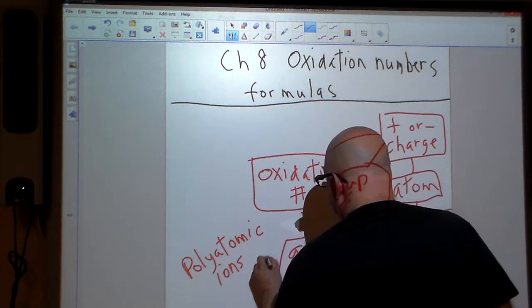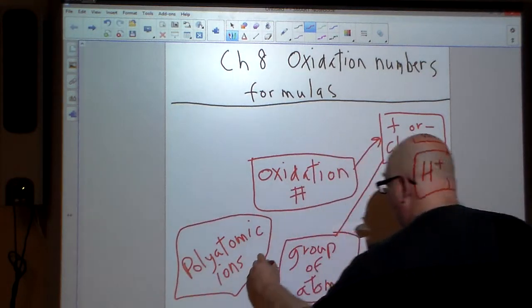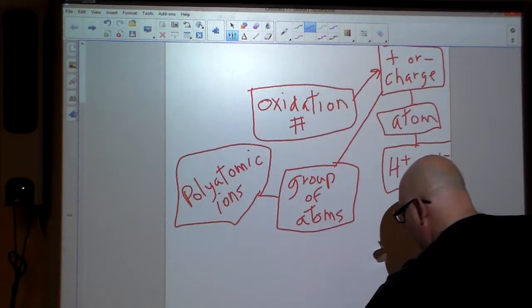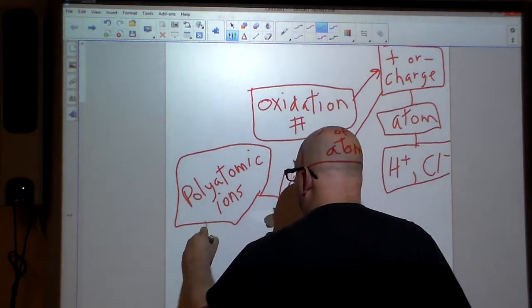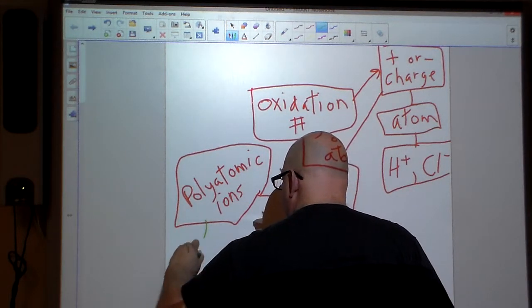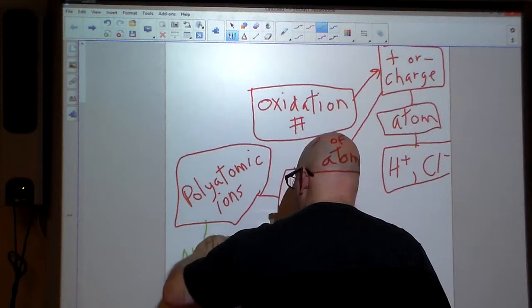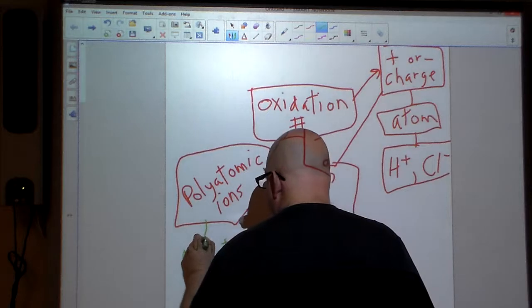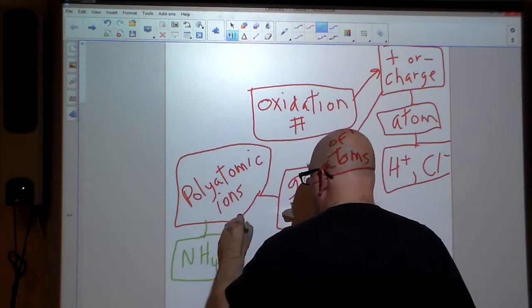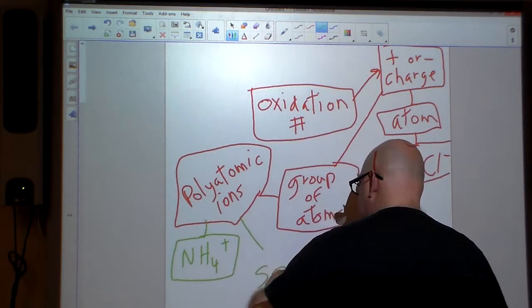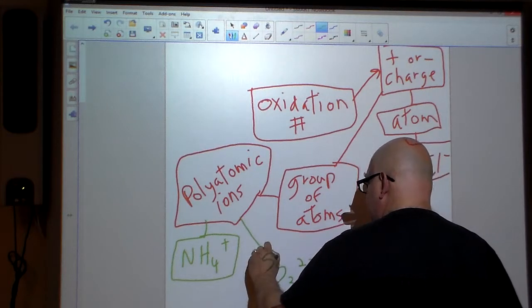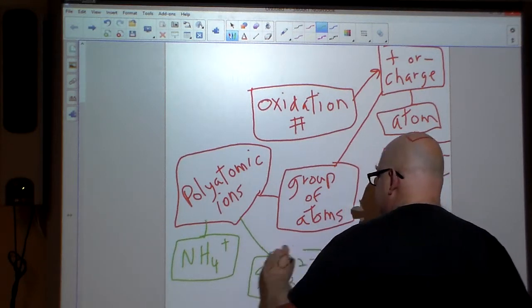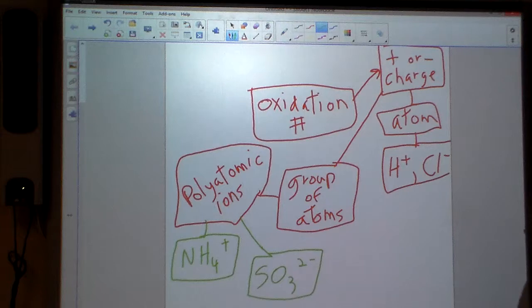So what would be some examples of polyatomic ions? Well, some examples would be NH4 with a plus, that's called ammonium. That's one example. Another example would be SO3 with a -2. That's called a sulfate ion.